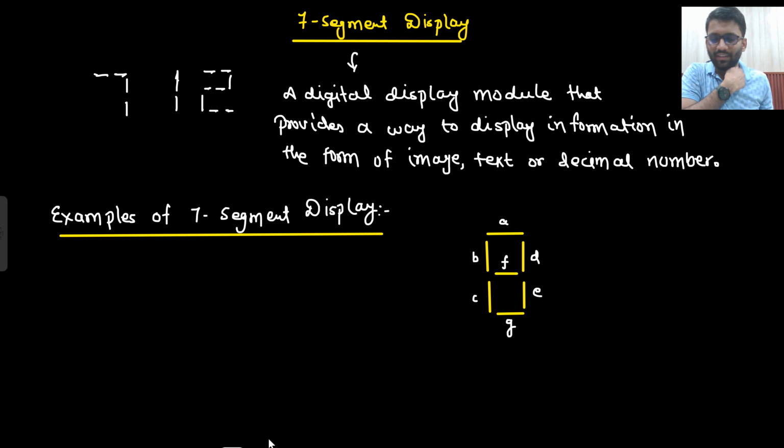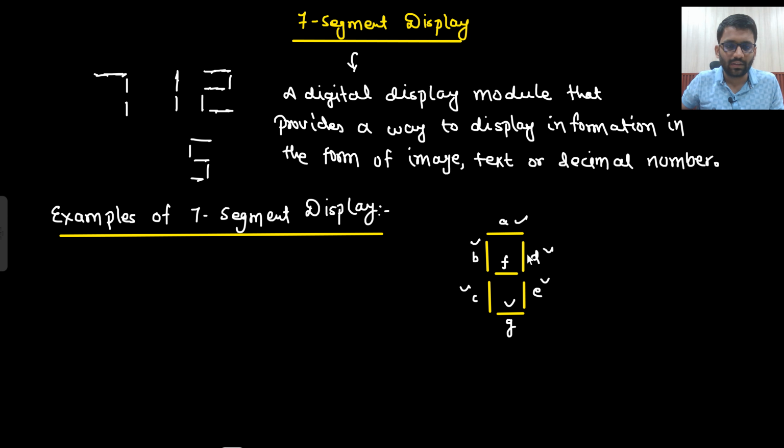Oh, sorry, actually this would be 1 only. This is how it would be written. If you write down 5, this is how it would be written. So why is it called 7 segment display? Because there are 7 segments: 1, 2, 3, 4, 5, 6, and 7.